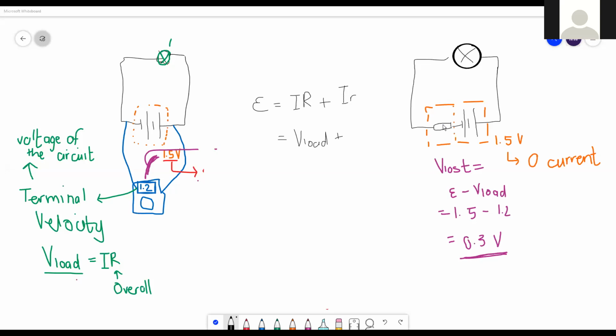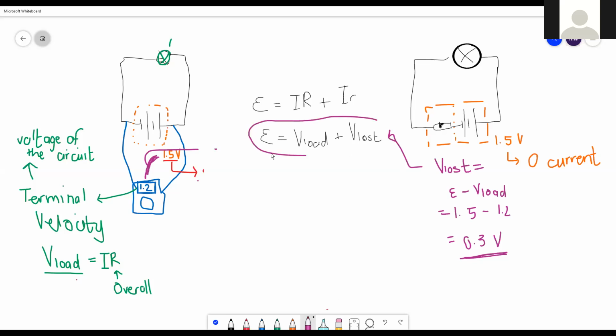So this little thing inside of your battery, we give a small r, and that refers to your internal resistance. So that's your V lost. Represents your EMF.